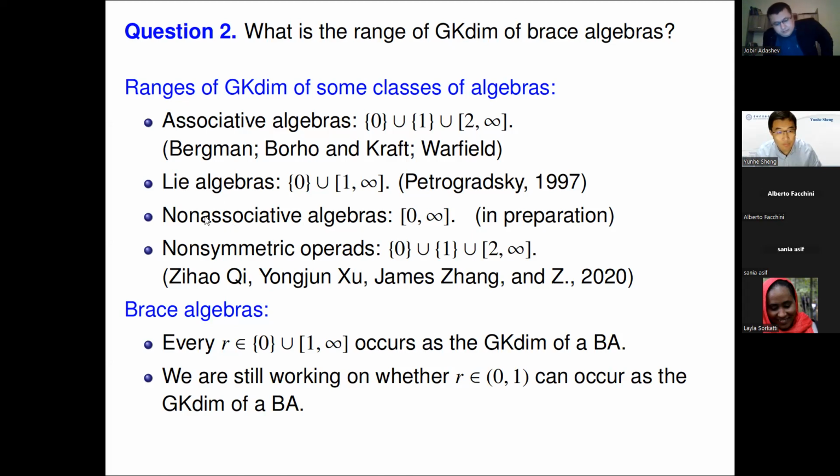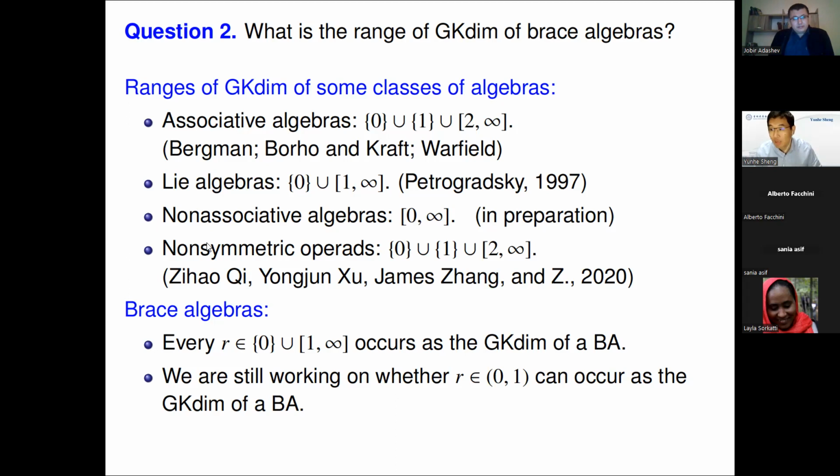For example, for Lie algebras, a number strictly between 0 and 1 cannot be the GK dimension of a Lie algebra. But that number could be the GK dimension of some other non-associative algebra. Oh, some other non-associative algebra. Yes. Okay.